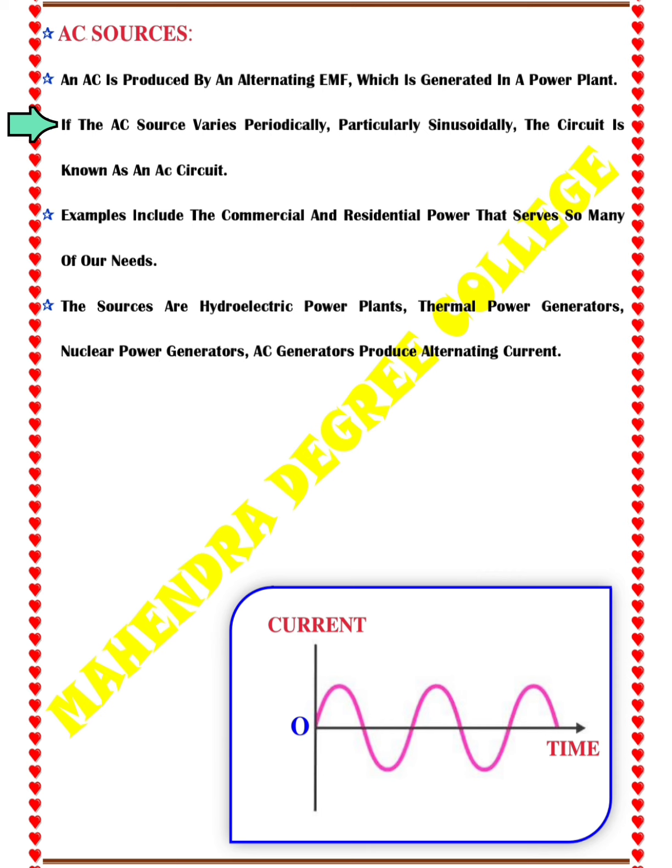In a simple version, when an AC source changes in a regular wave like pattern, like a sine wave, the connected system is called an AC circuit. Examples include the commercial and residential power that serves so many of our needs.